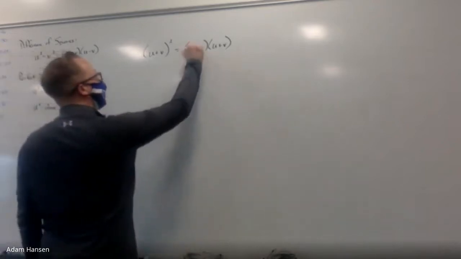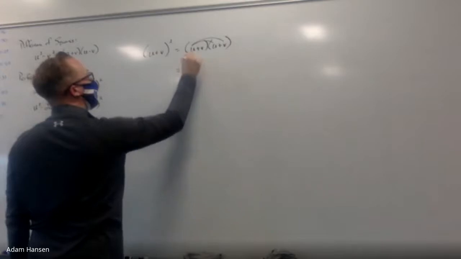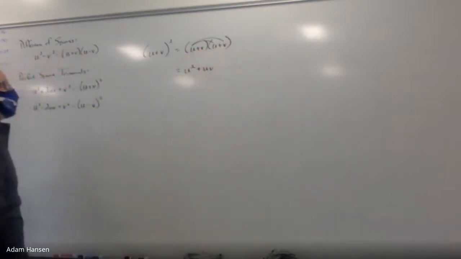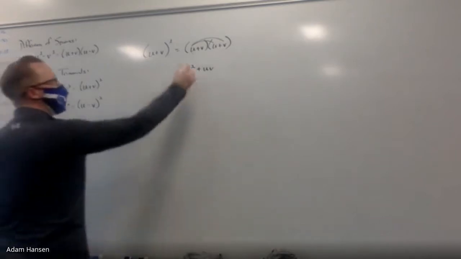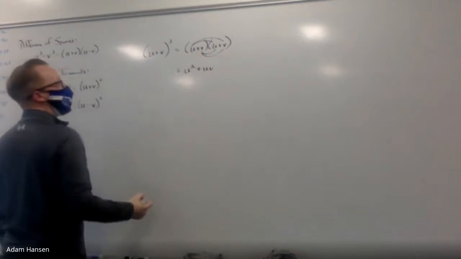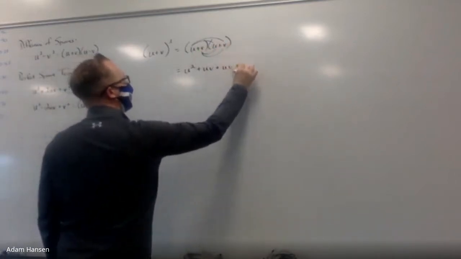Let's start distributing. U times u and u times v. That would be u squared. U times v is uv. Keep going. Take v times u, v times v. V times u is another uv. V times v is v squared.